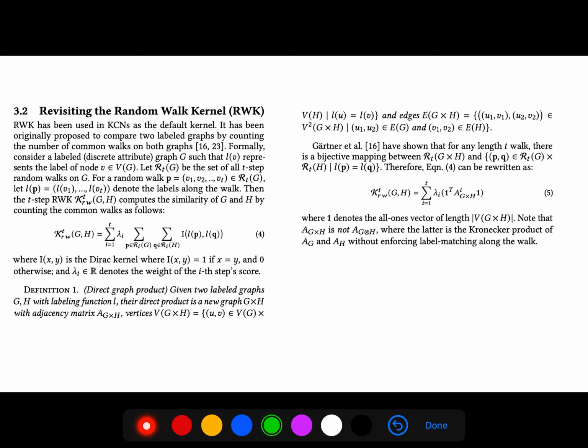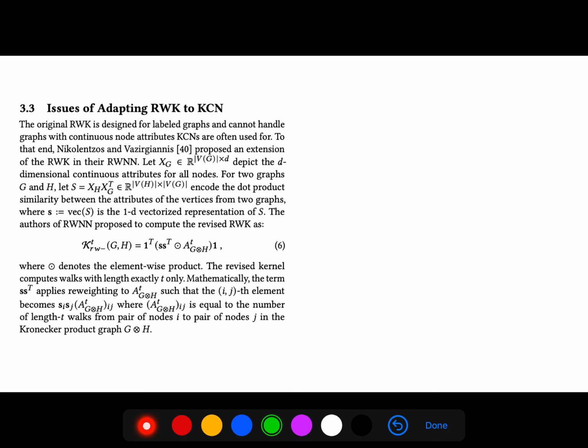Then they revisited the random walk kernel. These are the issues of adapting the random walk kernel to KCN, because the original random walk kernel is designed for labeled graphs and cannot handle graphs with continuous node attributes, which KCN are often used for. To that end, the authors in this reference proposed an extension. They compute the revised random walk kernel like this.